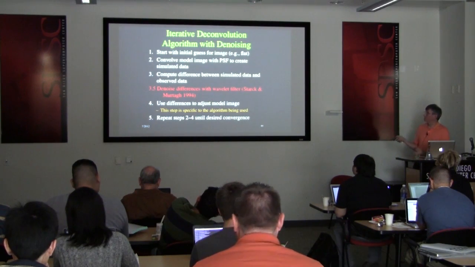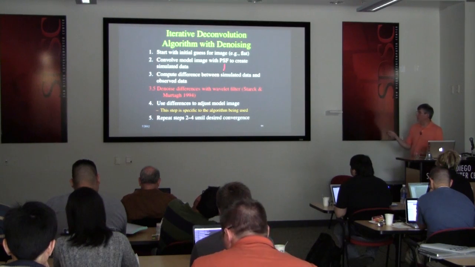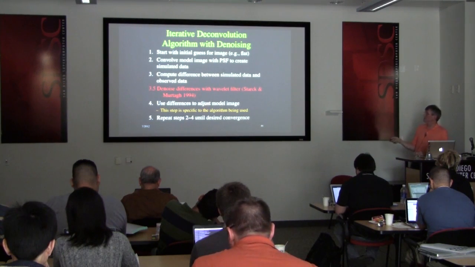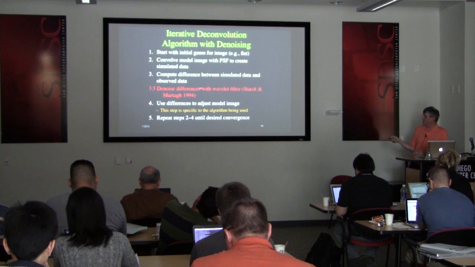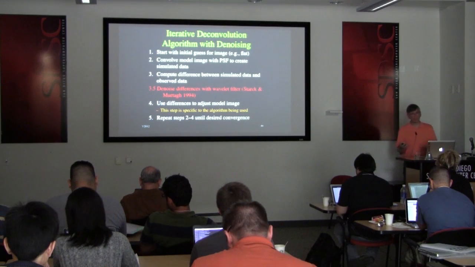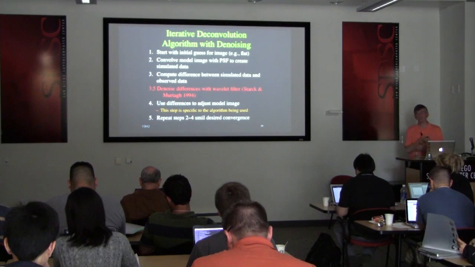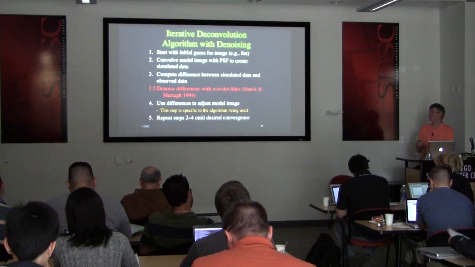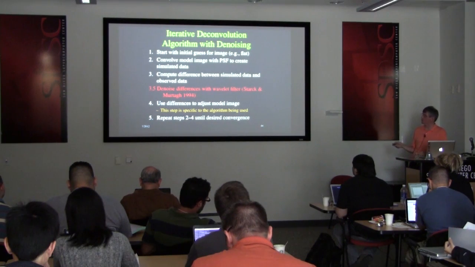Iterative deconvolution with denoising can work with any of these algorithms. It uses exactly the same approach, but it adds one more step in the middle, where you look at the differences between the simulated data and the observed data. The real data has noise in it. Noise is a big problem for deconvolution, so you have to be careful not to over-interpret the noise, trying to fit it too closely and producing a lot of spurious structures in your image.